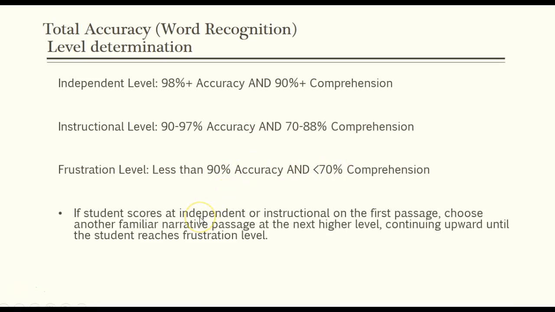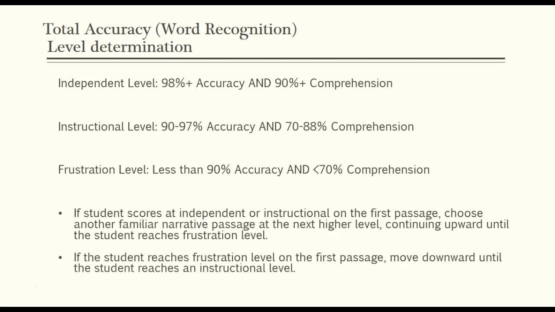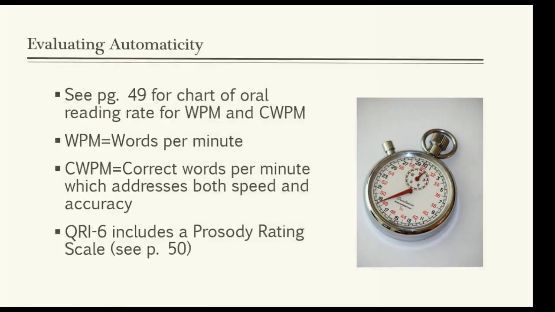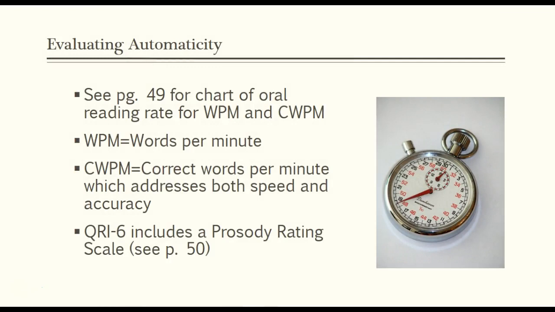If your student scores at independent or instructional in the first passage, choose another familiar narrative passage at the next higher level and continue going up until the student reaches frustration. If, however, they are at frustration on your first passage, move downward until you reach their instructional level. So you want to give a range of QRIs to be able to speak to the child's independent and instructional level.